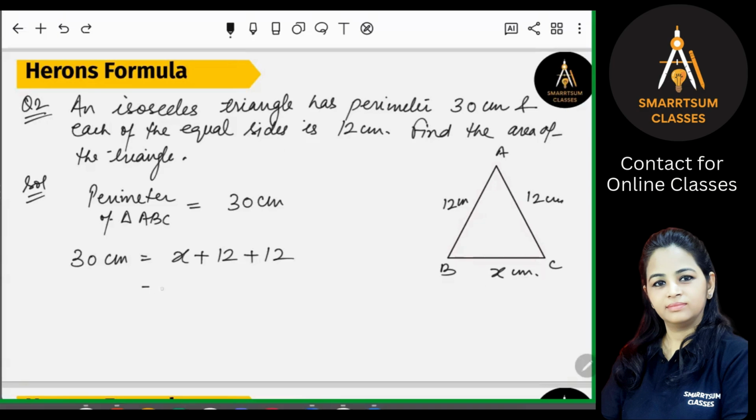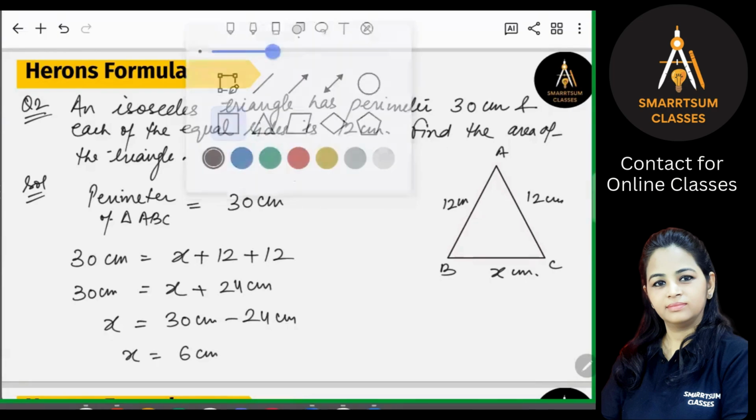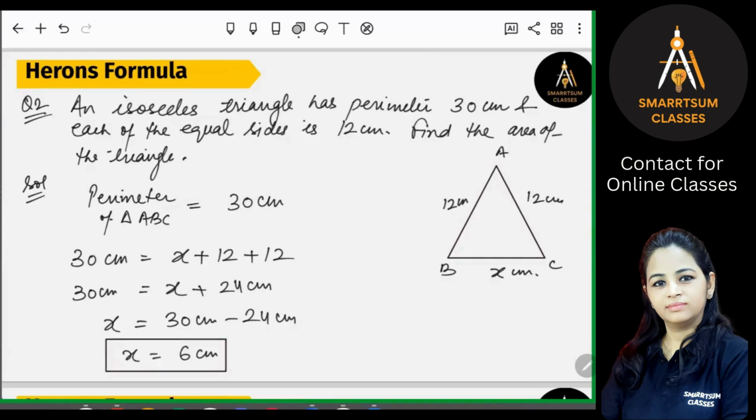So X plus 24 is equal to 30. Therefore, X will be equal to 30 centimeter minus 24 centimeter, that is 6 centimeter. So we have found out the third side of the triangle, that is 6 centimeter, right?